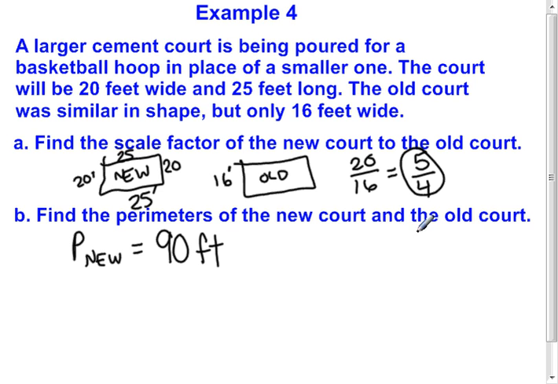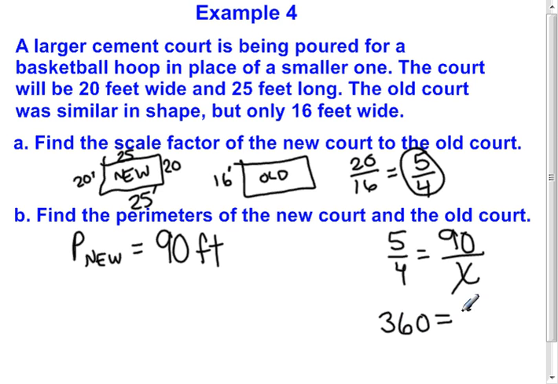The perimeter of the old court is in the same ratio as the sides. So 5 over 4 equals 90 over x. We cross multiply here. 4 times 90 is 360. That equals 5x. Divide by 5.